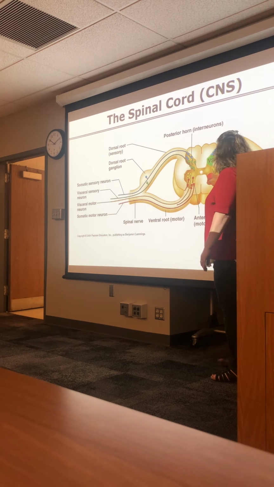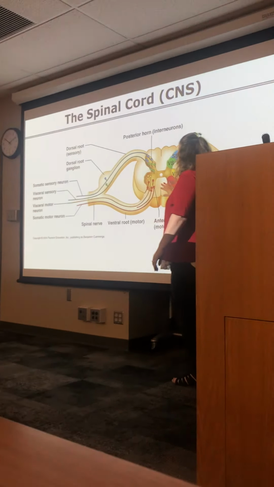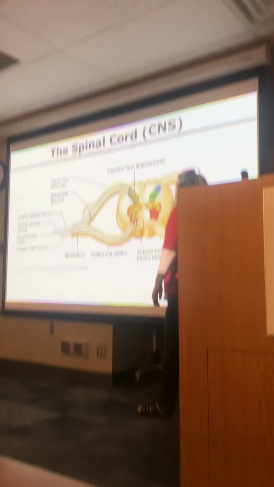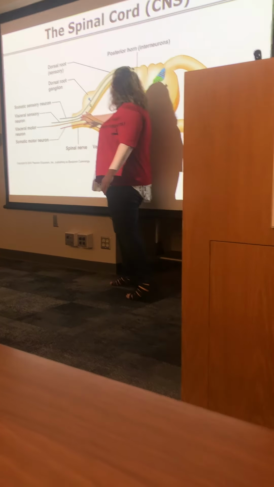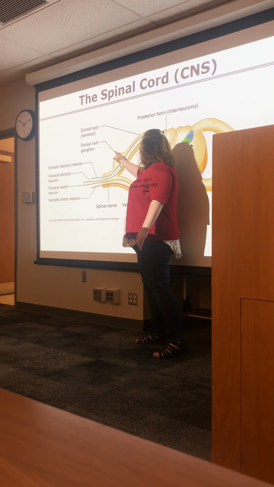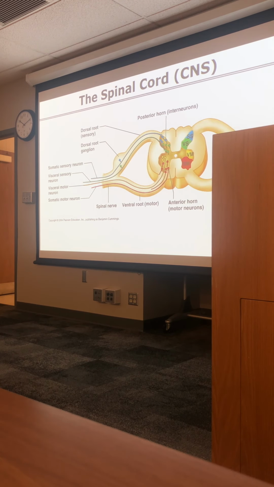In the front, in the anterior horns, are going to be the cell bodies of our motor neurons that are going to send their axons out the ventral root into the spinal nerves and out to skeletal muscles to control. Remember, information is coming into the back of the spinal cord through these unipolar sensory neurons that have their cell bodies in the dorsal root ganglion. That picture should make a lot more sense than it did last time we talked about it.